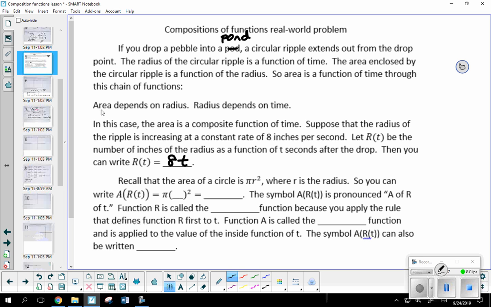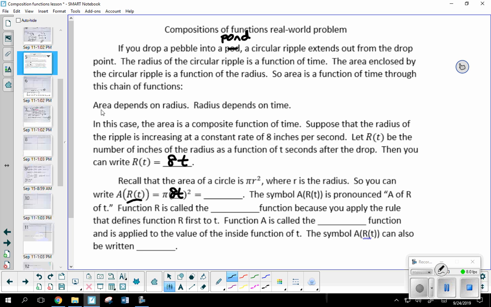Now, recall that the area of a circle is pi r squared, where the radius is r. So you can write this notation. Now, what we were just doing a moment ago, where we took the equation for the inside function and plugged it into the outside function, that's exactly what I'm going to do here. Instead of pi r squared, I'm going to replace r with this radius function. I'm going to plug in 8t.